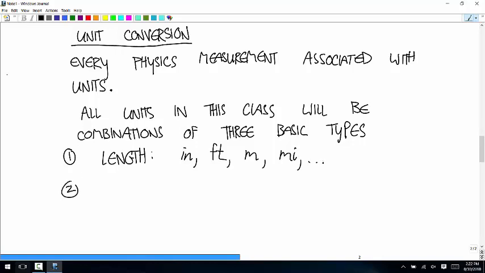Units of time. Examples of that are seconds, minutes, hours, and units of mass.